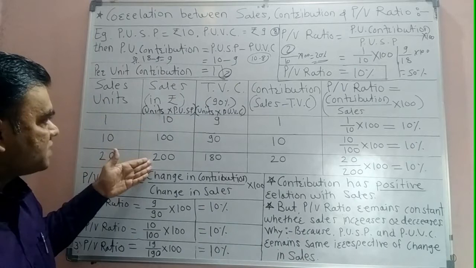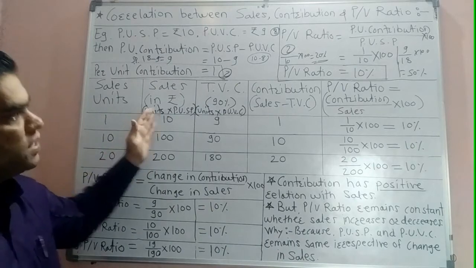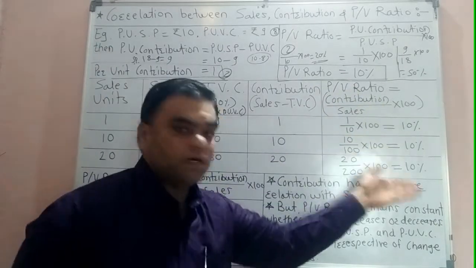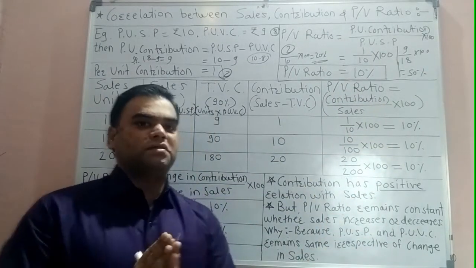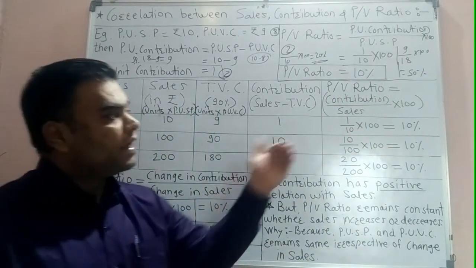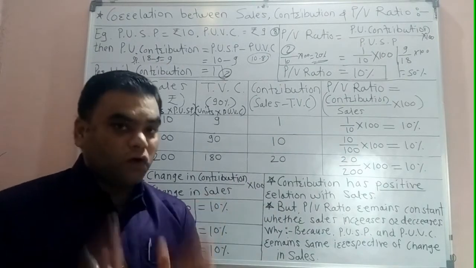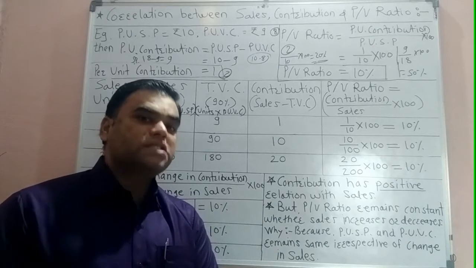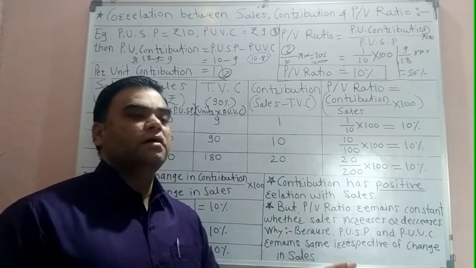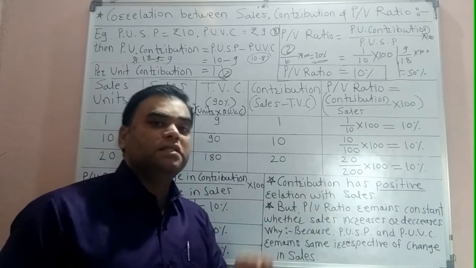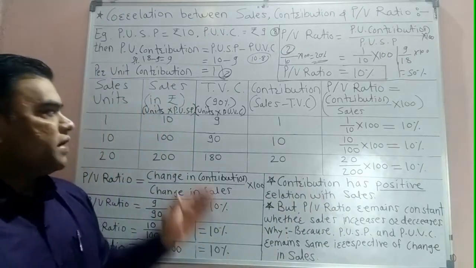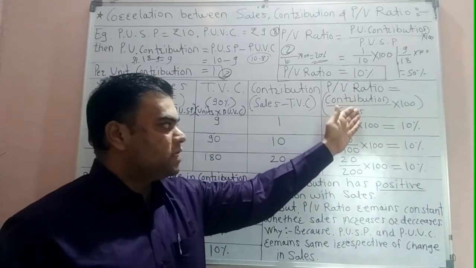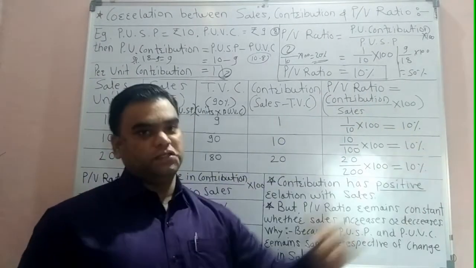Whether you are increasing sales or decreasing sales, your PV ratio remains unchanged or constant. So the question is, why does it happen? Because the PV ratio or contribution to sales ratio is neutral. It doesn't react to changes in sales.